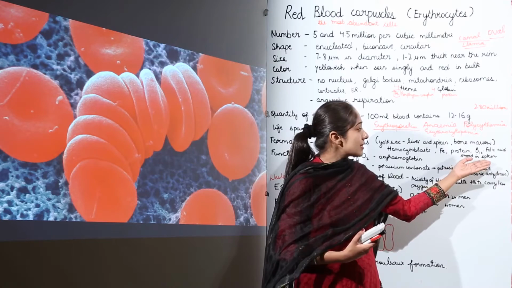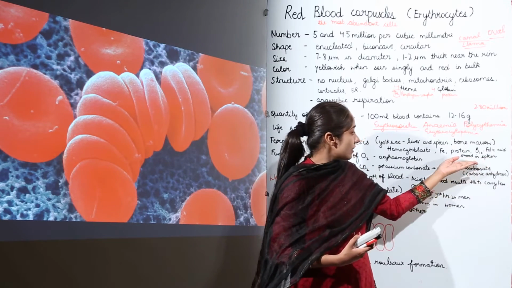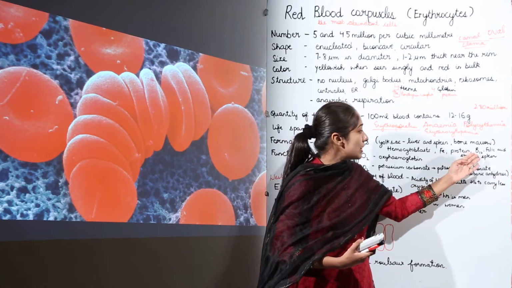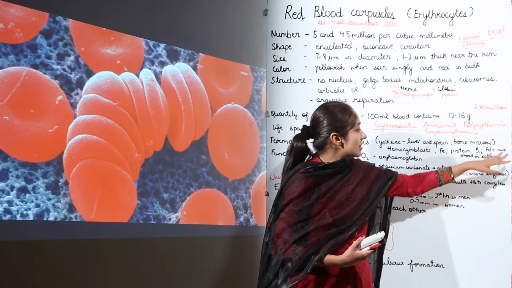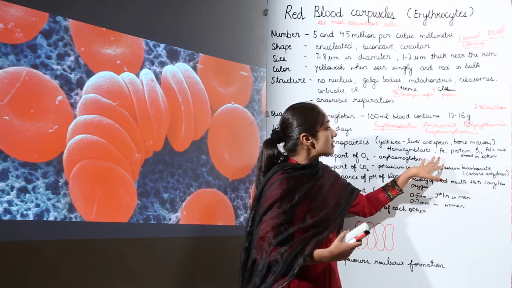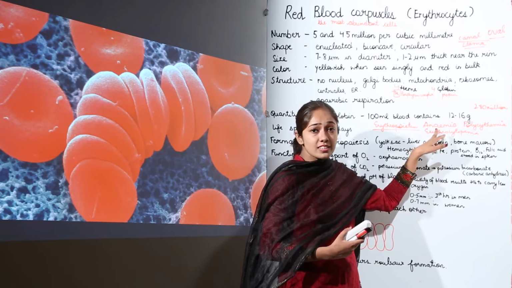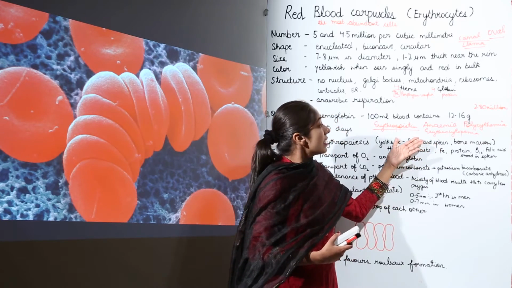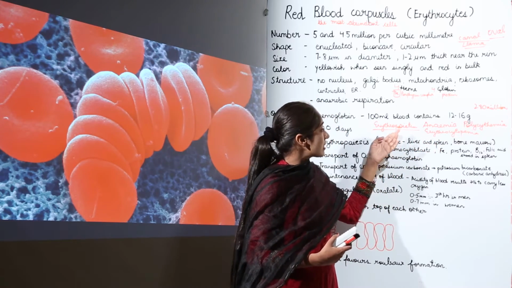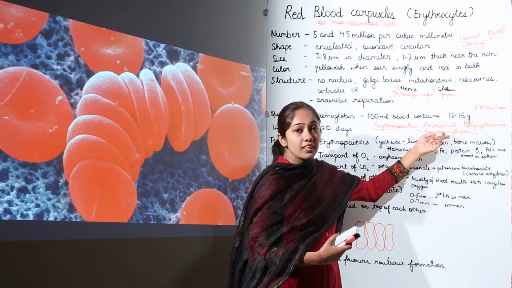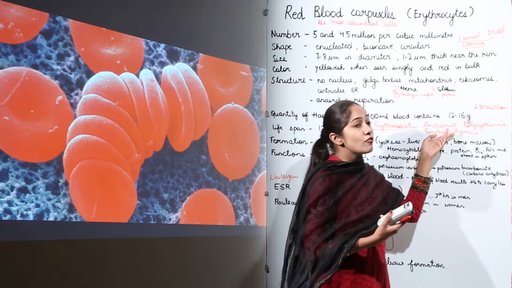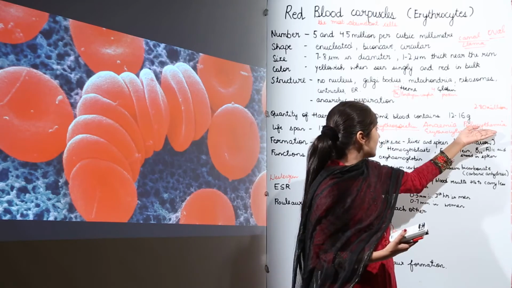It is stored in the spleen. And what do we need? We need iron, protein, vitamin B12, folic acid. If there is a deficiency of these, then we can suffer from anemia. If there is a decrease in the number of RBCs, we can suffer from erythrocytopenia. When there is an increase in the number of RBCs, we can suffer from polycythemia.